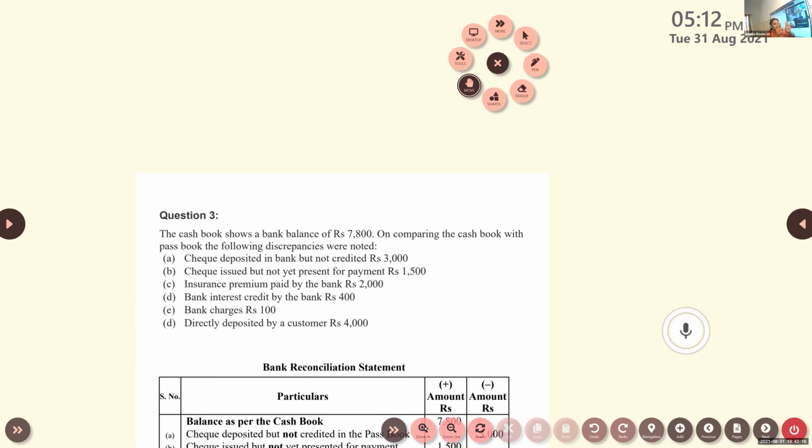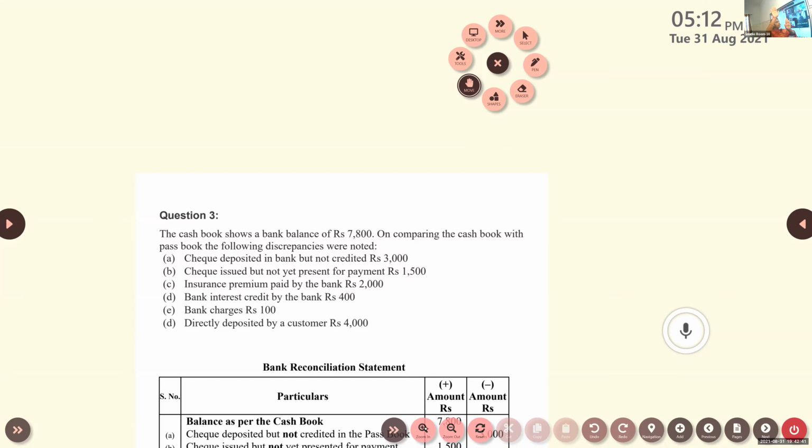So immediately the business wrote, I got the cash. Bank balance increased. Check deposited means check received in the business. So immediately the business wrote bank balance increased.